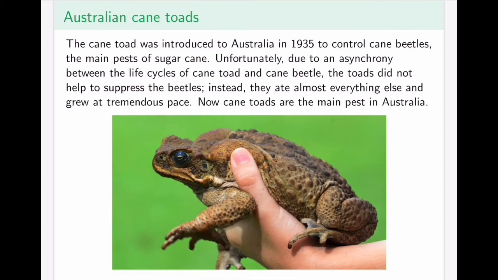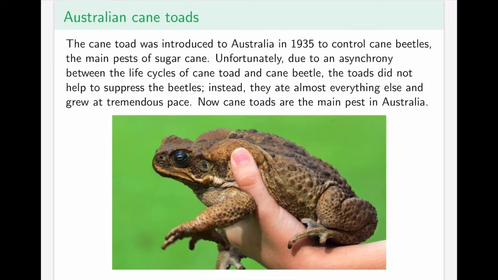In fact, they've been labeled one of the worst pests because they have no natural predator and they're also poisonous to domesticated animals as well. Since then, the government has tried a number of techniques to control the population and more or less not really successfully, which serves as another lesson that if you mess with an ecosystem, you might have another thing coming.